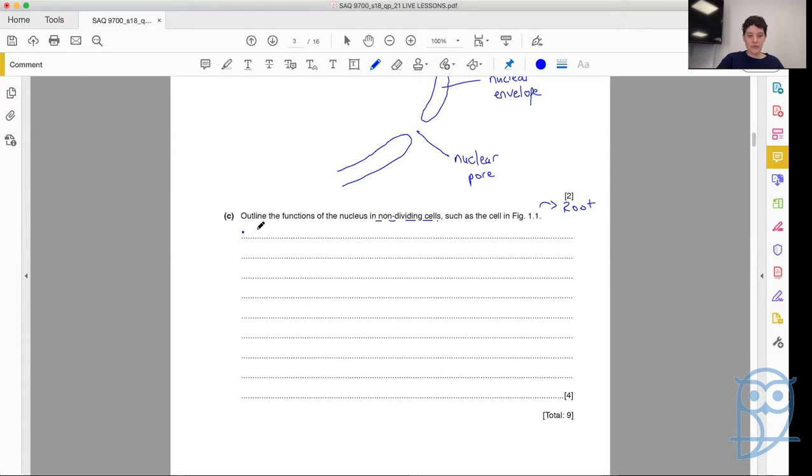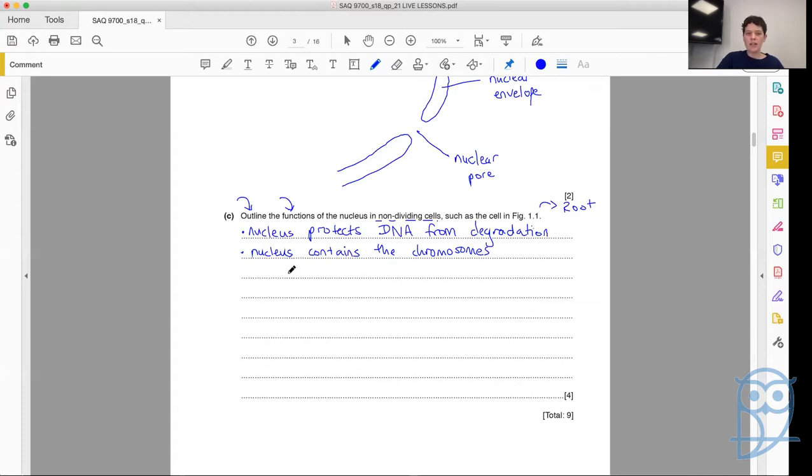So we could say that the nucleus protects DNA from degradation. That's the basic, but now we need to outline the functions. So we need to unpack this a little bit. So the nucleus contains chromosomes. Okay.